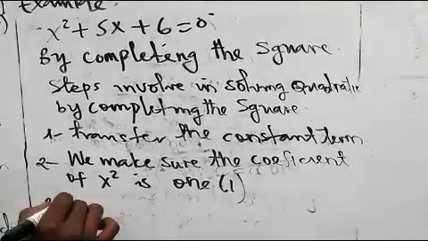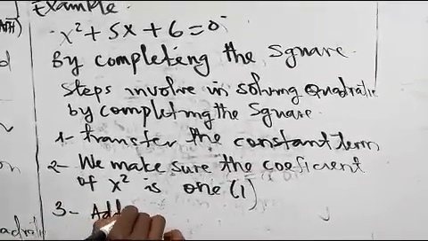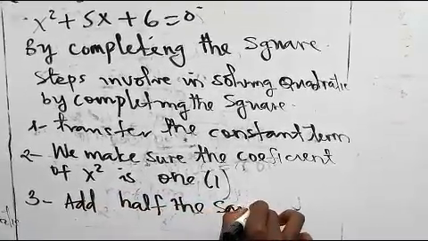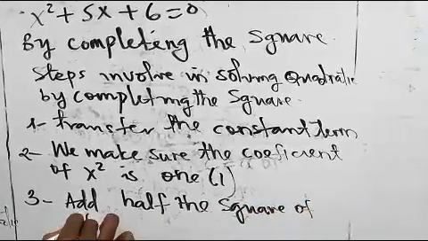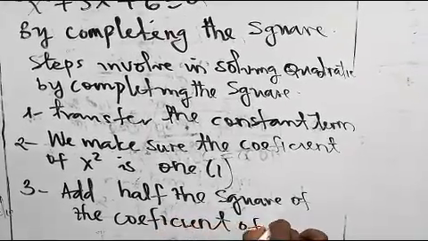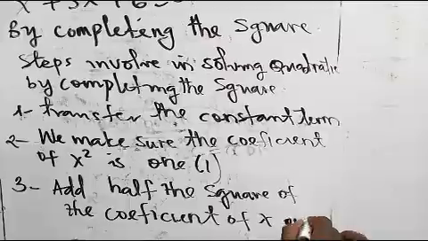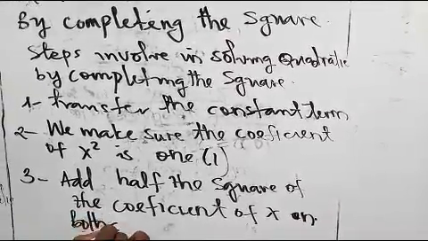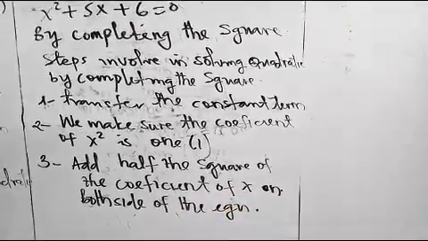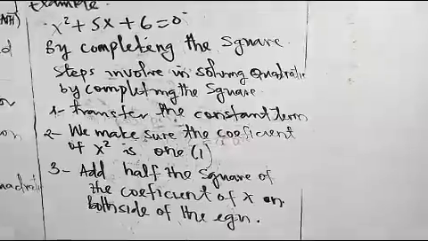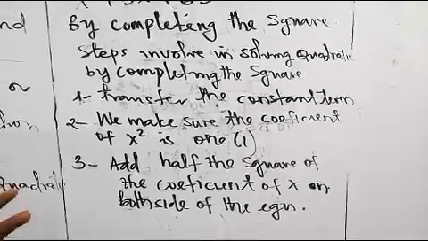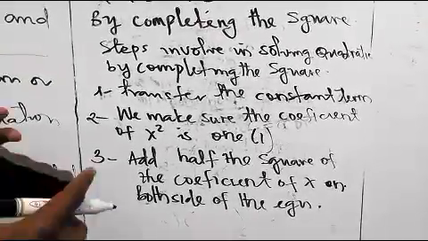Thirdly, we add half the square of the coefficient of x on both sides of the equation. So these are the key steps while solving a quadratic equation by completing the square. So let's apply our steps.